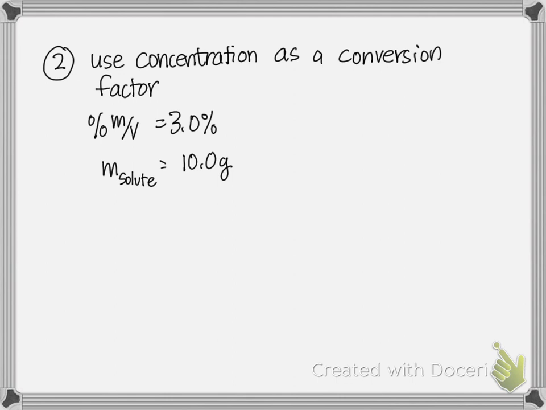So what you would have to remember to start this is that when we say a percent, it's out of 100. So when I say 3%, if it's mass to volume, what I'm saying is that I have 3 grams of my solute in every 100 milliliters of my solution.